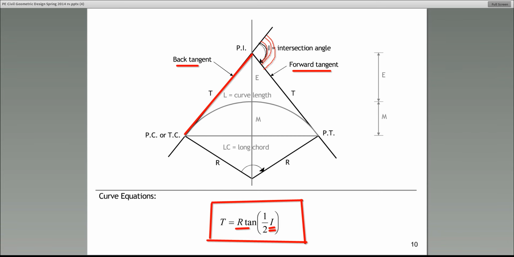The intersection angle is the angle between the extension of the back tangent and the forward tangent. The word extension is very important here, okay? So the angle between the extension of the back tangent and the forward tangent is defined as the intersection angle, and we use the letter I for it.